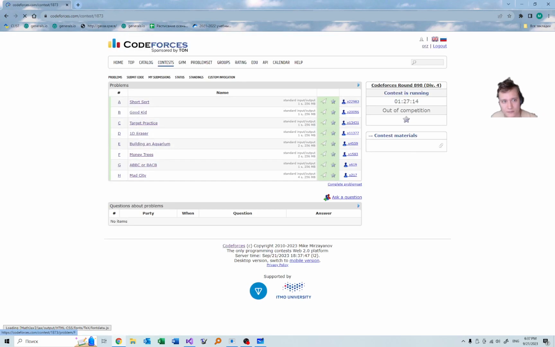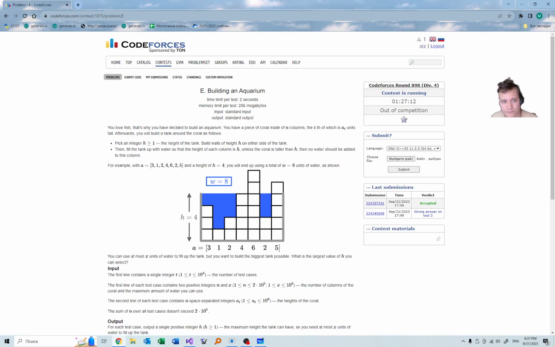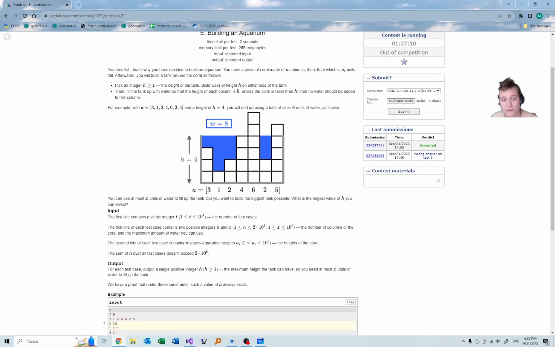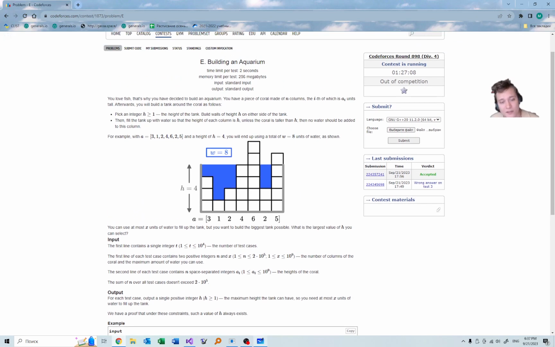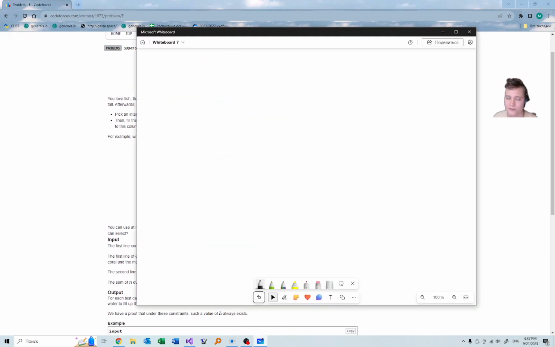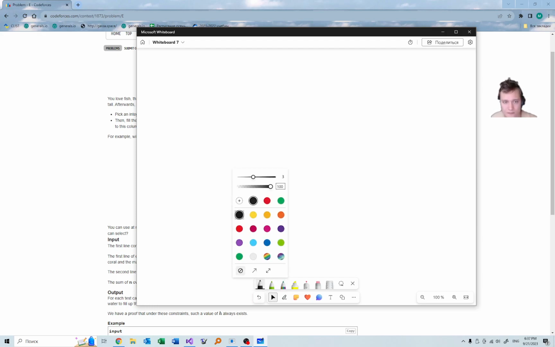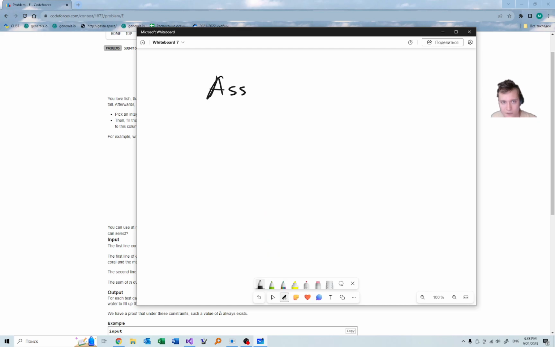Continue. Problem E. This is a problem about aquarium, and this is a simple binary search. So assume you chose height h.